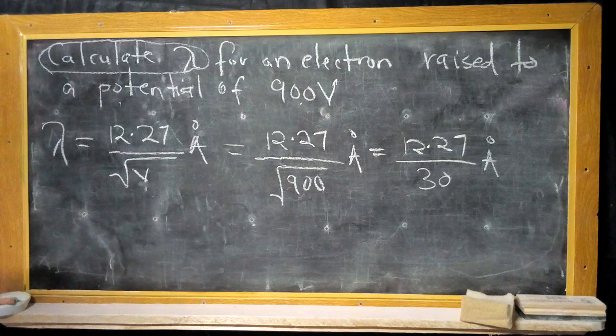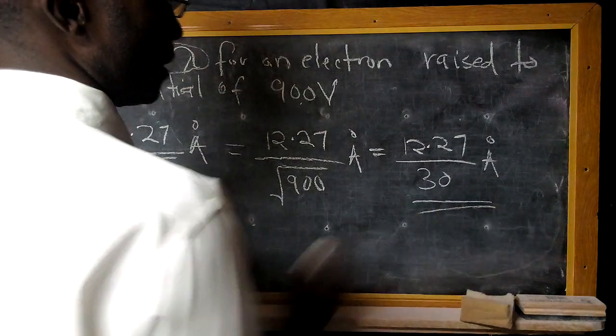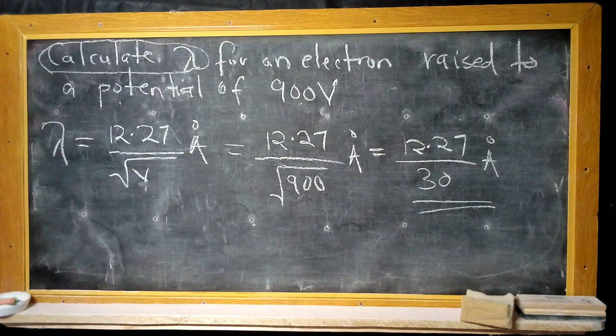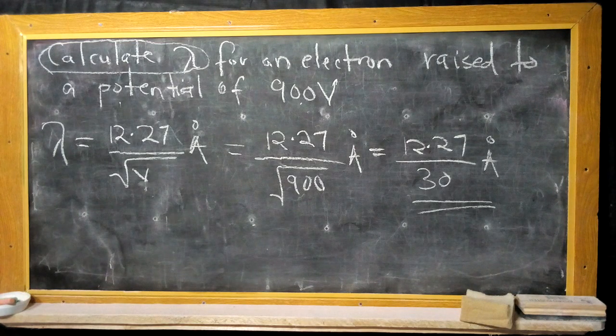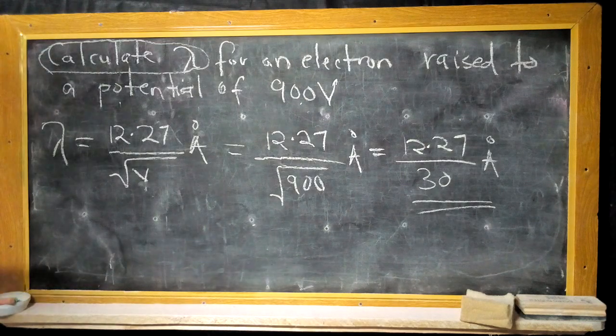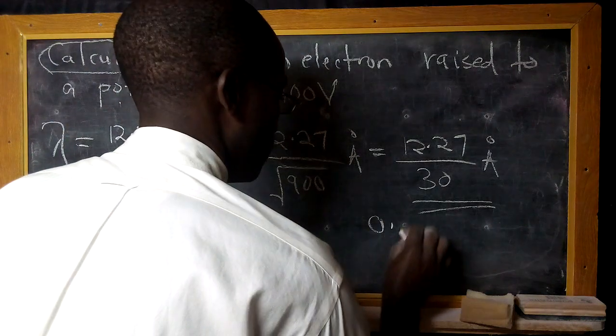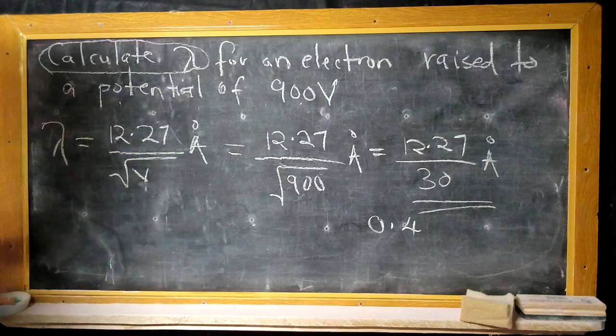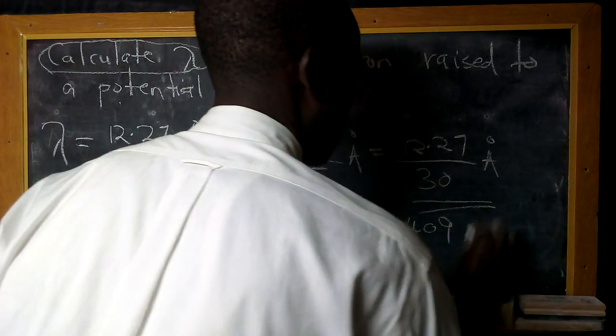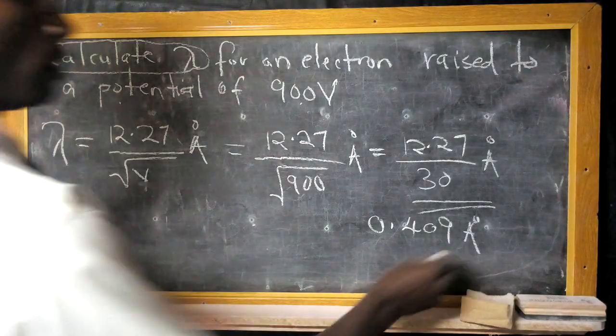Let me open my calculator. So 12.27 divided by 30 is 0.409 angstroms.